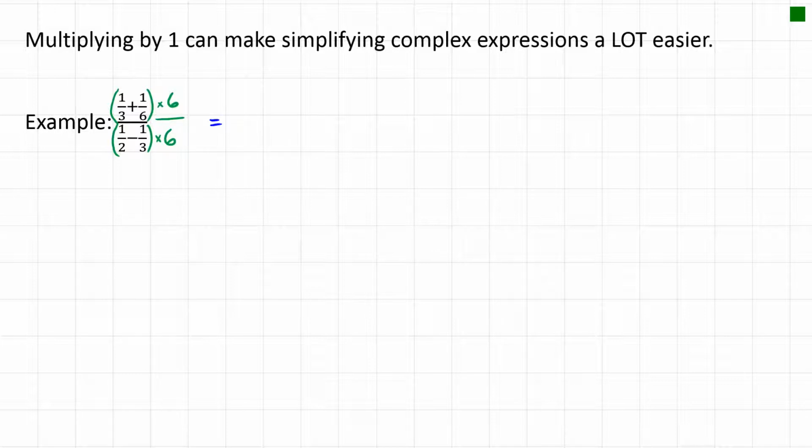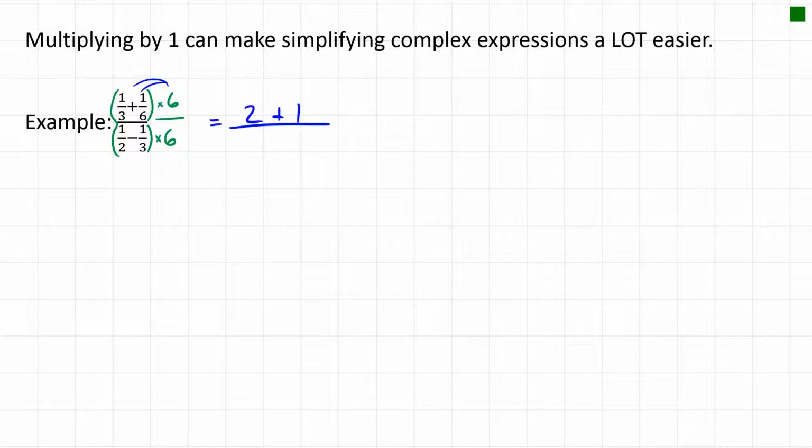And so what this does is, I'm going to multiply 6 into this bracket. Well, 6 times 1/3 is 6 over 3, which is 2. And 6 times 1 over 6 is 6 over 6, which is 1. My numerator has just been completely eradicated of fractions.